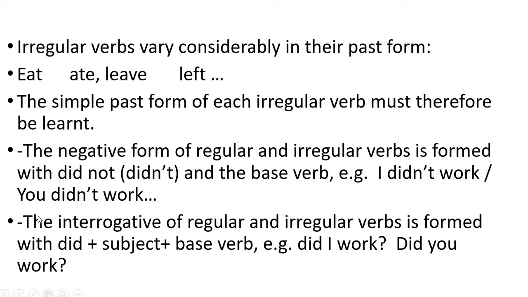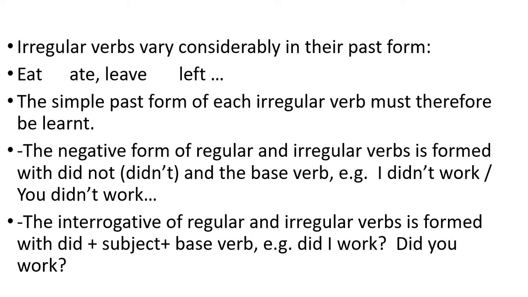Now, in the negative form, well, you have to remember the simple present rule. In the negative form, we need an auxiliary, and it's the auxiliary did. This is the past auxiliary of do and does. But luckily here in the simple past, we don't have, like in the simple present, do and does.